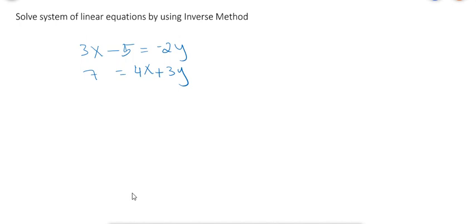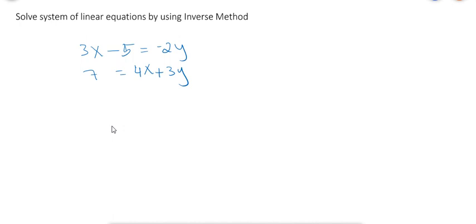As I told you, first we have to keep the value of x with the value of x and the value of y with the value of y to write matrices A and B, where matrix A will have the coefficient of x in the first column and the coefficient of y in the second column.